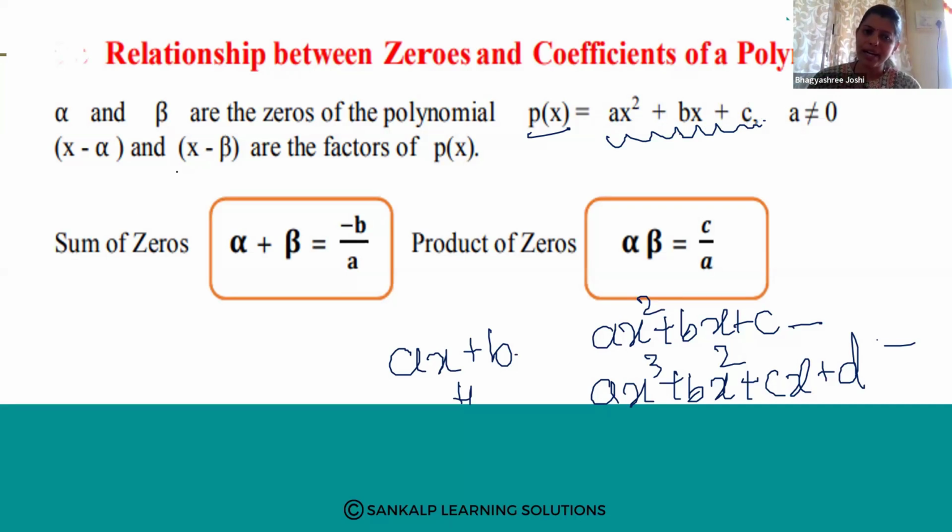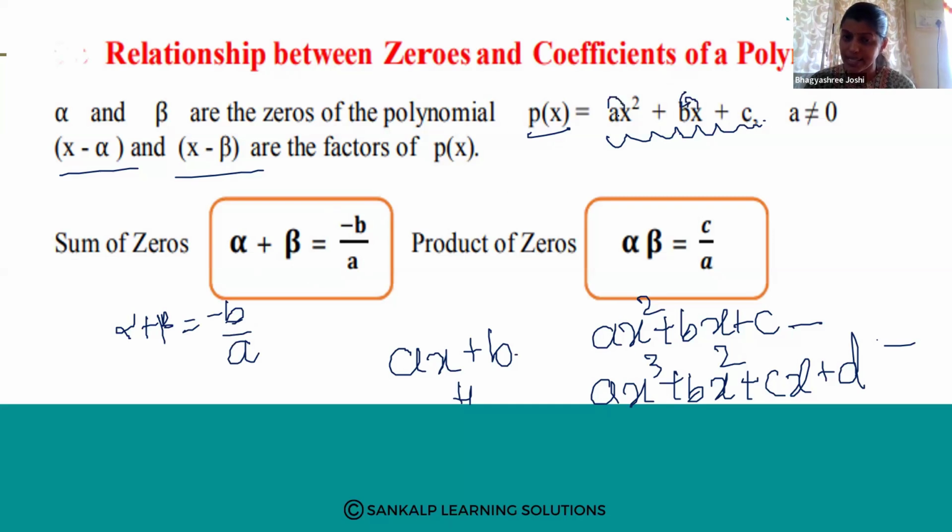Okay. Next, x minus alpha and x minus beta are the factors of p of x. Then the sum of zeros, alpha plus beta, is equal to minus b by a. What is minus b here? Minus, keep as it is. B is the coefficient of x.